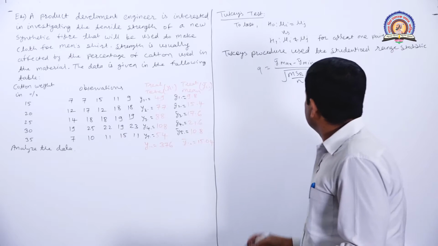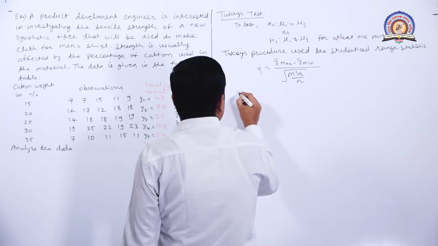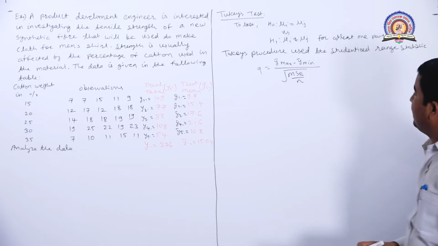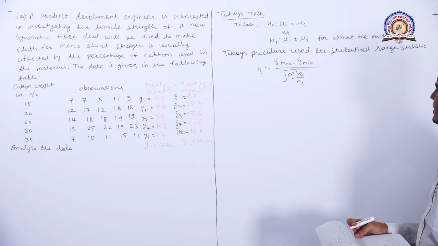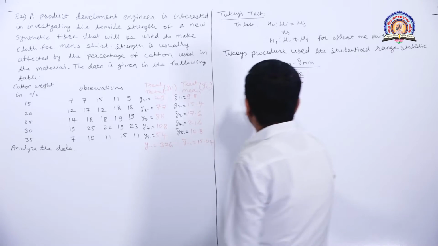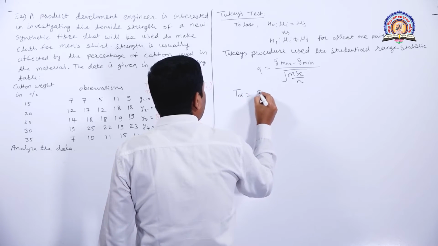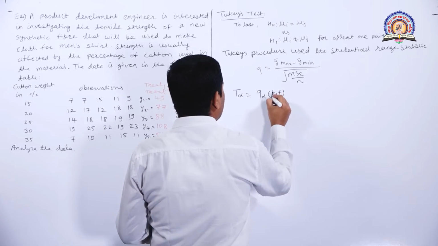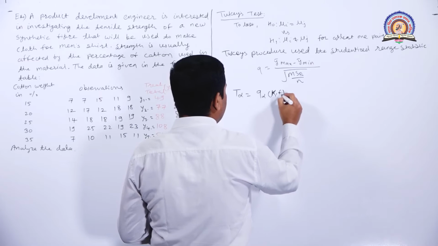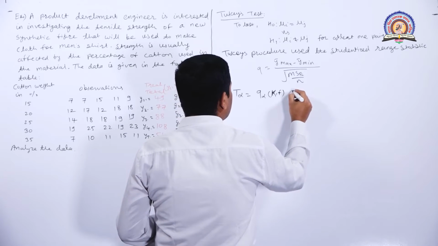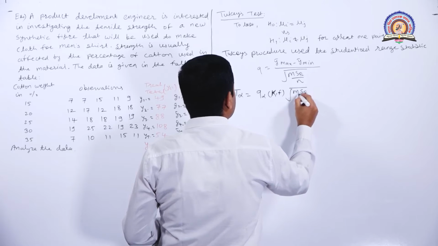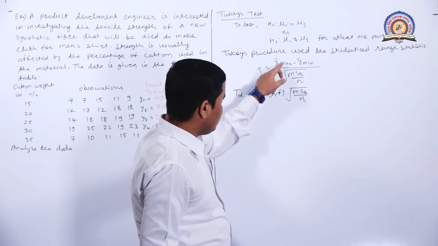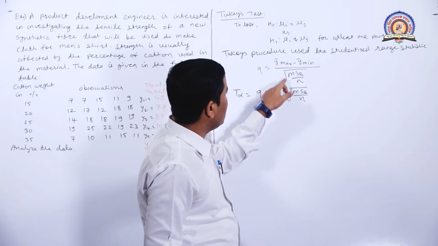Tukey has sent this MSE to this side and y bar max minus y bar min becomes Q into under root of MSE upon n. So he defined one statistic which is T alpha. He defined T alpha as Q alpha, K comma F, where K means the number of treatments, into under root of MSE upon n.